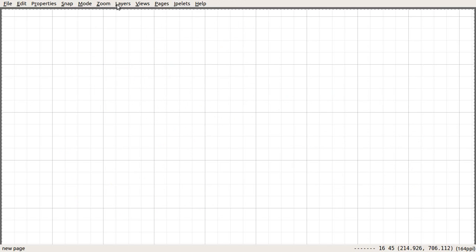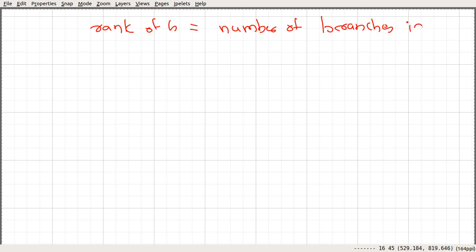So the rank of a graph G is equal to the number of branches in any spanning tree. If the graph is not connected, that corresponds to the number of branches in a spanning forest.